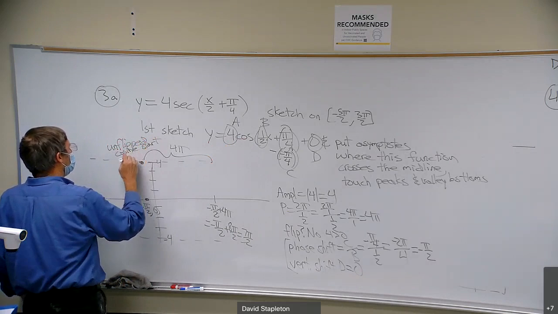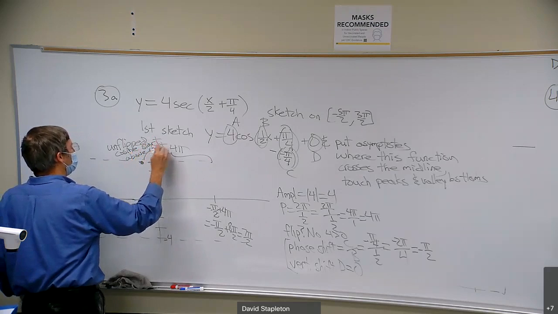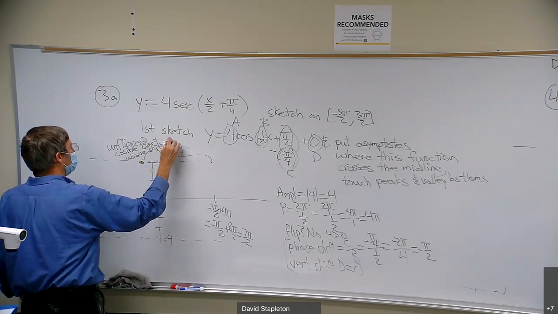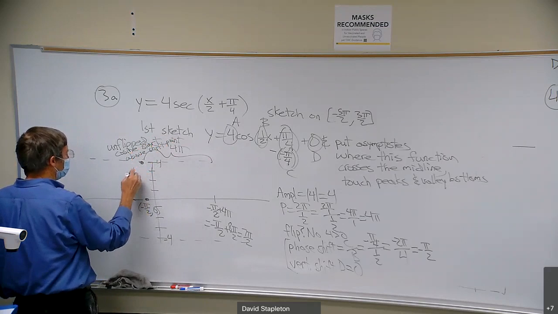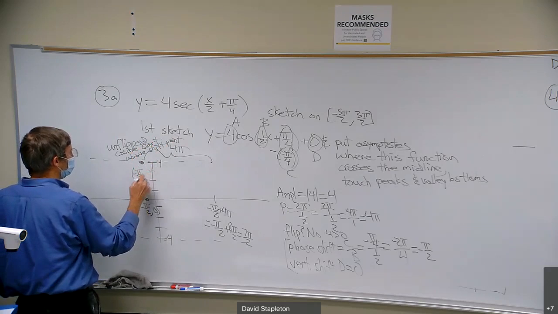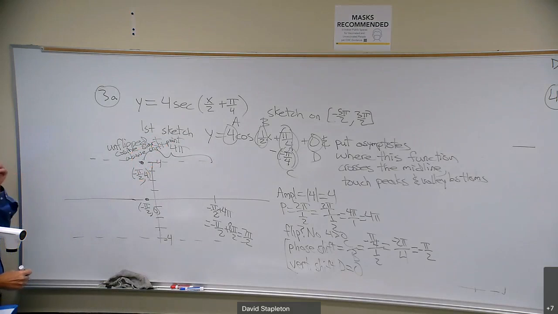Start at the shift point, top guideline. Right here, well, if it's a shift point, its x coordinate is minus pi over 2. Since it starts at the top guideline, its y coordinate is 4. There's an exact point on this cosine function, right?